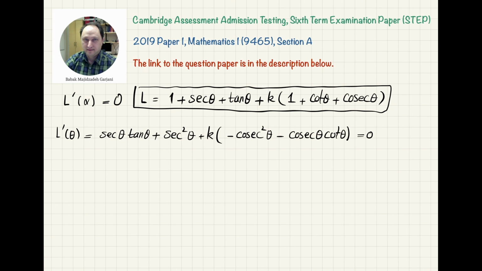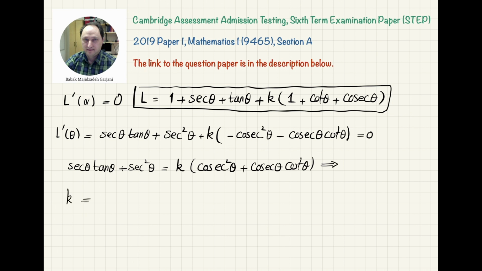Okay, so what can I see? It means that secant theta tangent theta plus secant squared theta is equal to, I move this part to the right so it becomes positive, k times cosecant squared theta plus cosecant theta cotangent theta. And then I am looking for k here. So k is simply the division of these two expressions, but here I can simply factor this out.